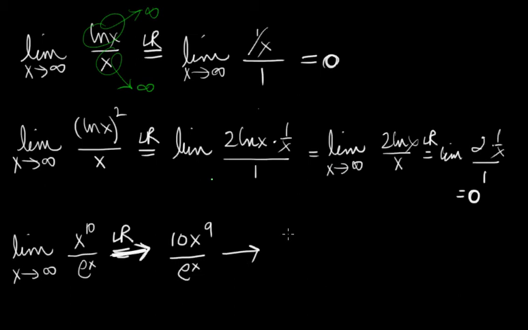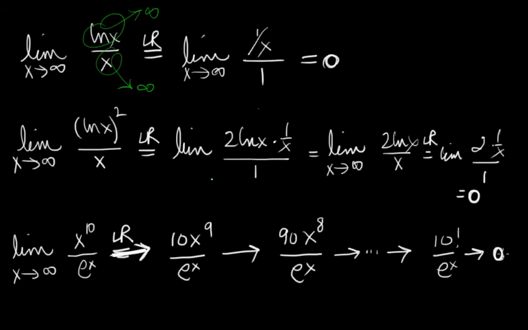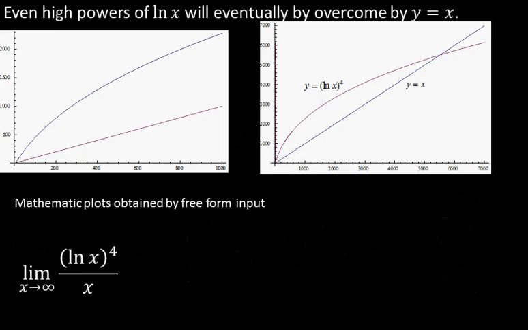Arrow, well, I take infinity over infinity again, so I'd have 90 x to the 8th over e to the x. Again, infinity over infinity. And what you're going to get if you were to do it 10 times would be 10 factorial over e to the x, which of course goes to 0. A constant, this would finally become something, a constant on top and going to infinity on the bottom. You have the quotient then going to 0.